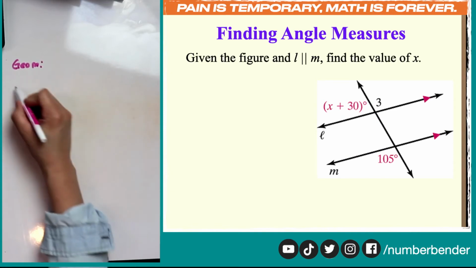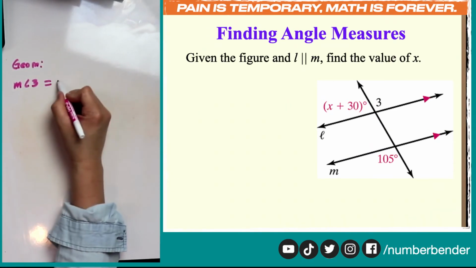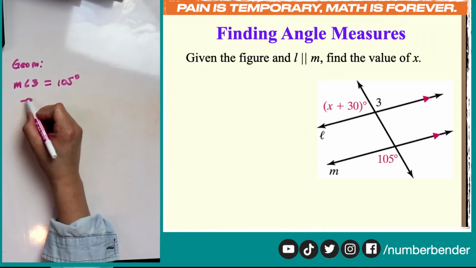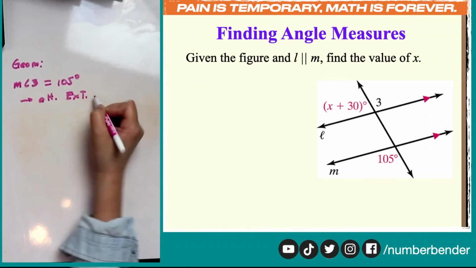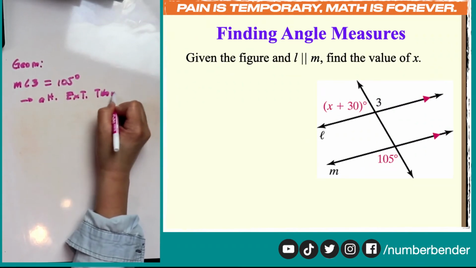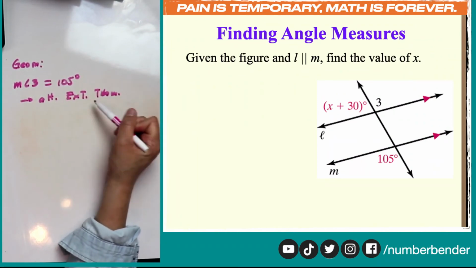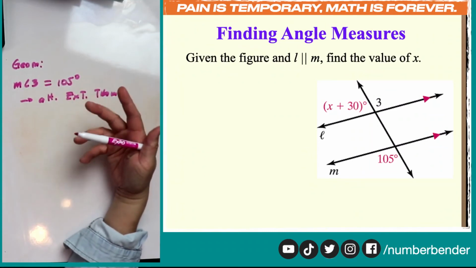And I am seeing that the measurement of angle 3 is equal to 105 degrees. I know that because we are using the alternate exterior angle theorem. With this, they are congruent because they are alternate exterior angles in this relationship of parallel lines.